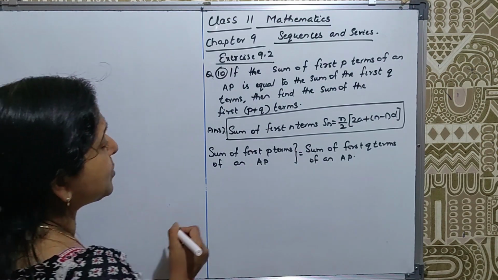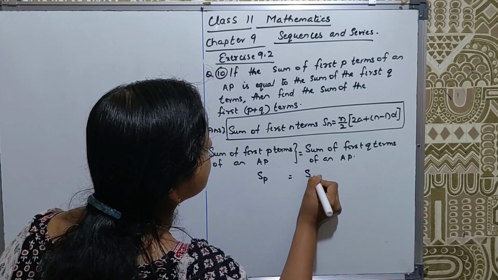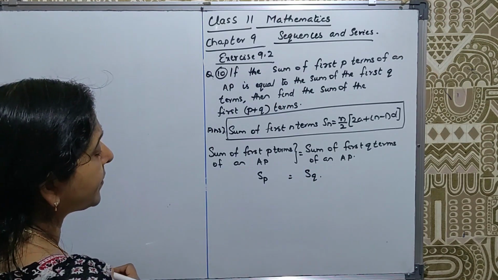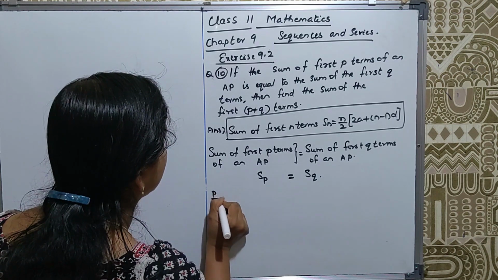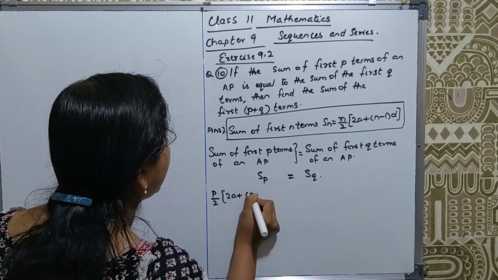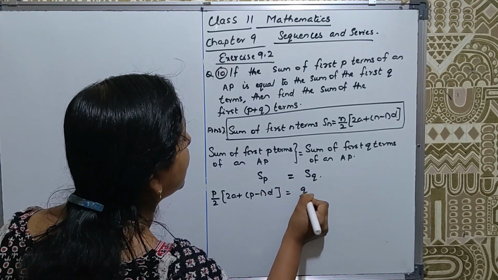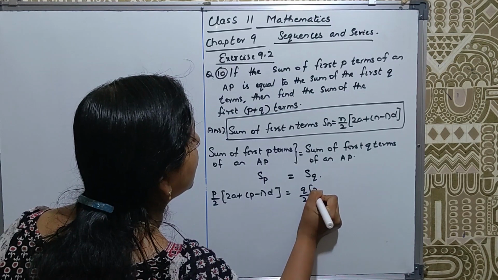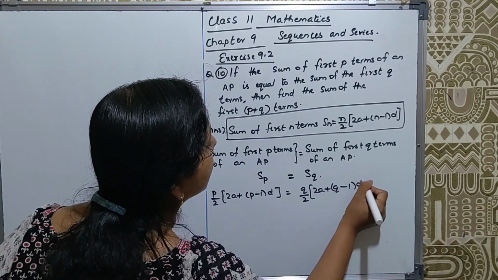So sum of first p terms will be Sp, and sum of first q terms Sq. So p by 2 into 2a plus p minus 1 into d is equal to q by 2 into 2a plus q minus 1 into d.